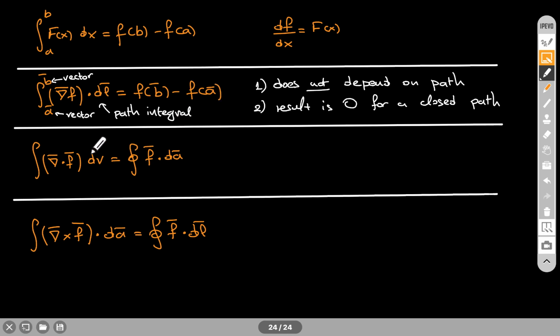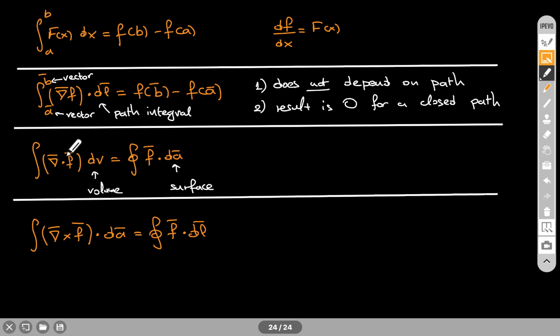Alright, the next one is about the divergence. Now what I have here is a volume integral, and on the right side, I have a surface integral.